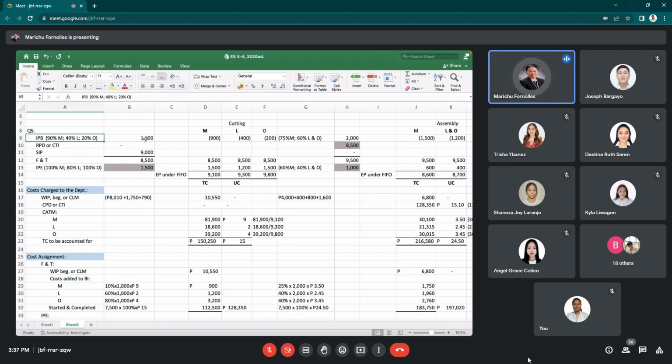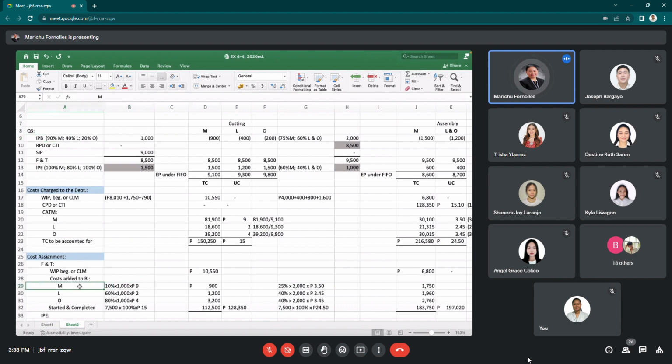Ang atong 1,000 units that were started last month, 90% ra ang gi-apply last month for materials, 40% ang gi-apply sa labor last month, 20% ang gi-apply sa overhead last month. Kay nahuman man siya this month, ang 1,000 units, so the complement of these percentages are the ones applied this month.